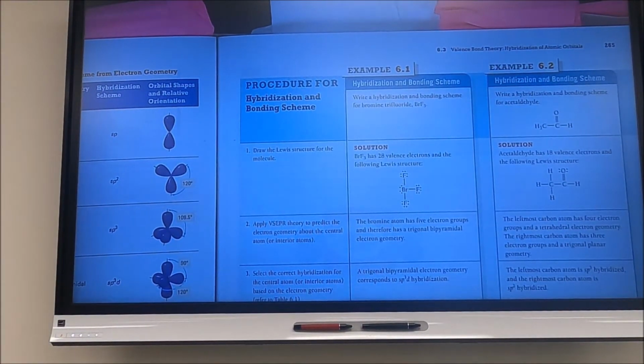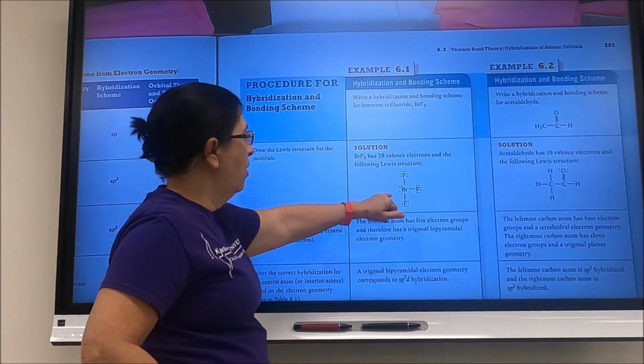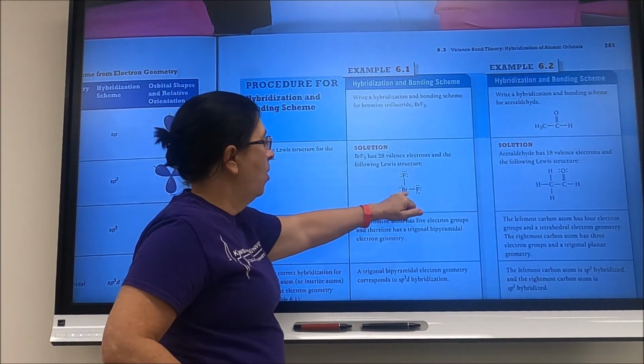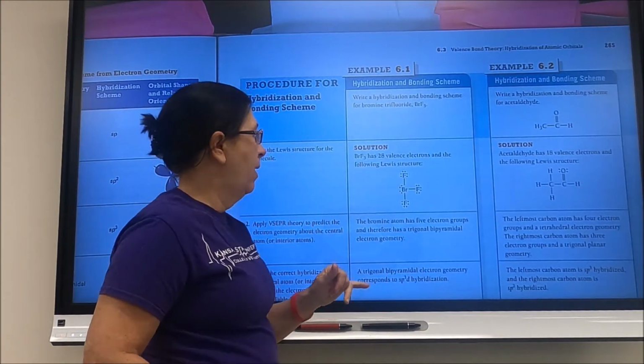All right, here we are in chapter 6, looking at valence bond theory and talking about hybridization. To make sure that you're ready to do the homework on chapter 6, let's talk about the bonding scheme for some molecules. If we look here at bromine, bromine has 5 electron groups around it.